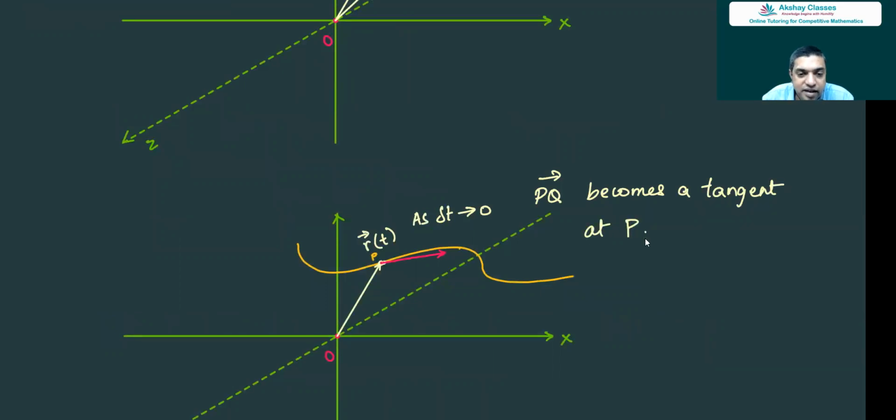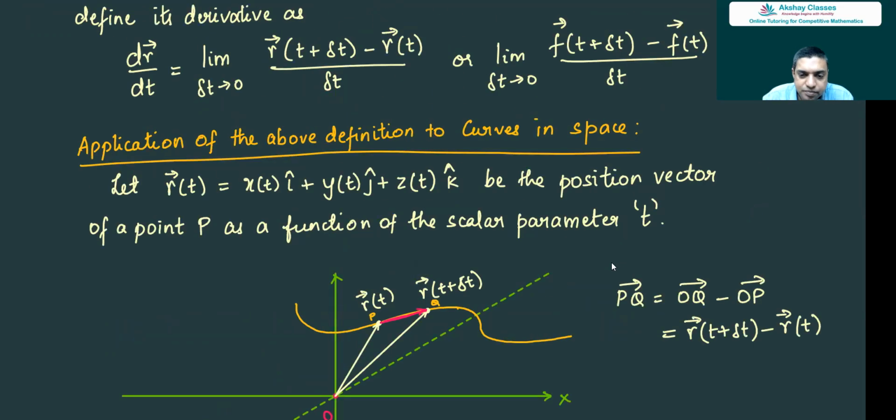So just like in our application of derivatives to functions of a single variable in the calculus that we discussed, the derivative represents the tangent to a curve. So here, the derivative of a vector is another vector which is tangential to the curve at that point where the derivative is being found.